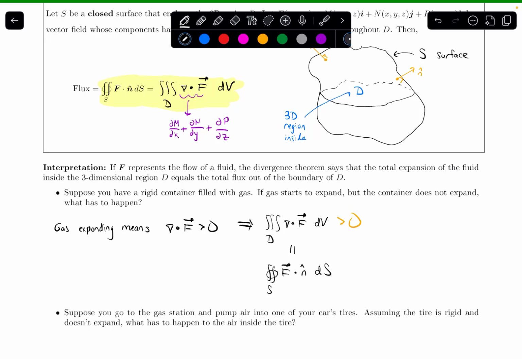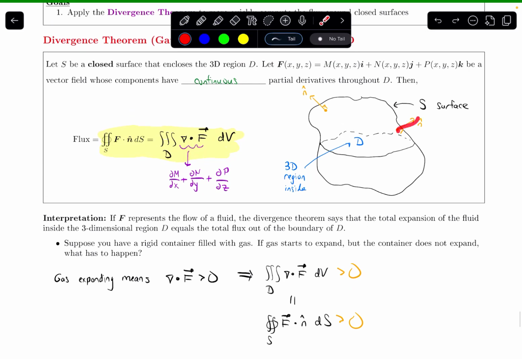Well, that's got to be positive because these two integrals are equal by that theorem. So the flux is positive, and because my normal vector is pointing outward, that means this gas is moving out of the container. It's flowing out. So that means the gas leaks out.